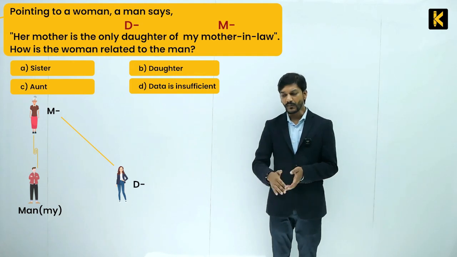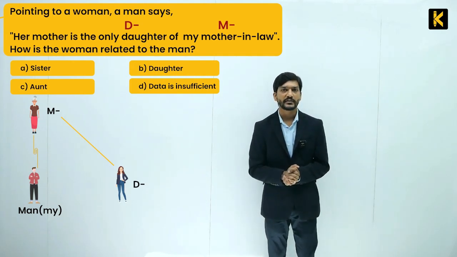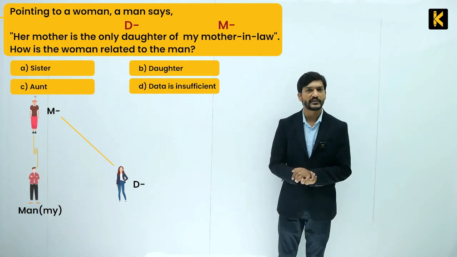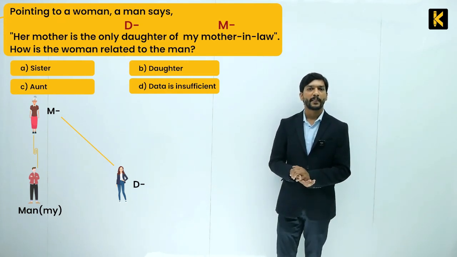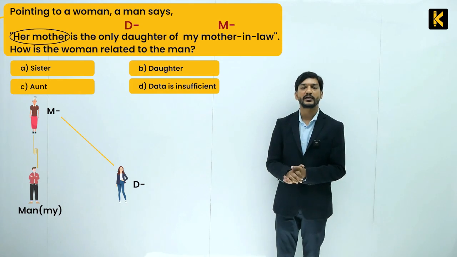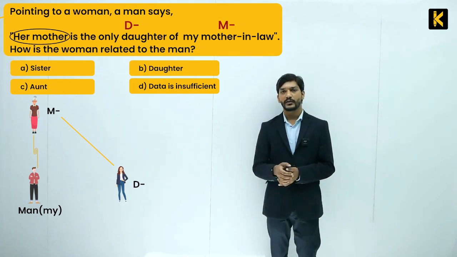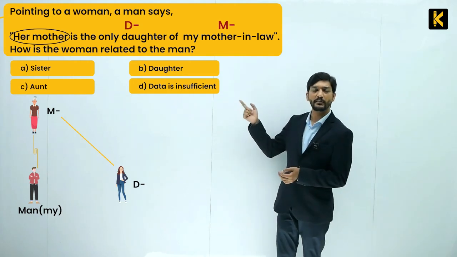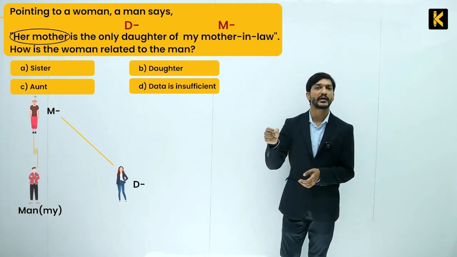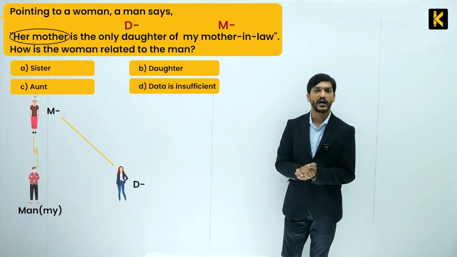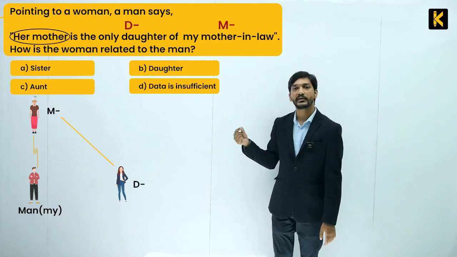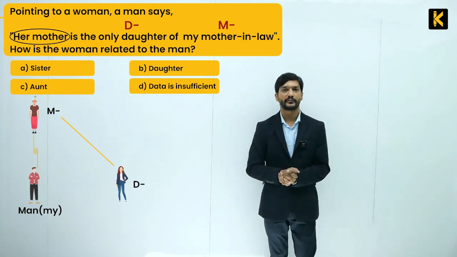Now, go back in the statement, please. What is the next thing mentioned if you go behind? The next thing mentioned is that her mother is the only daughter. Only daughter means D minus. So her mother is D minus. "Her" means the woman. So the woman's mother is D minus.